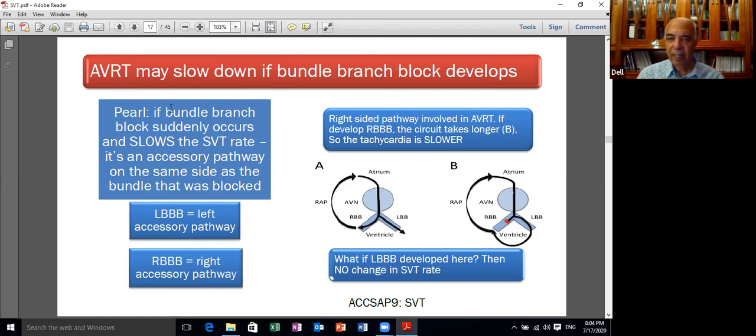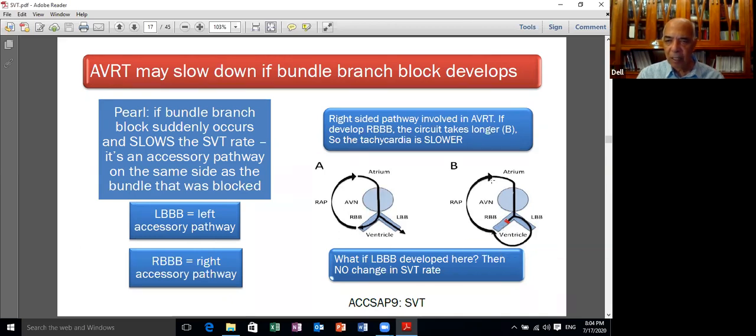Let me explain that. Under normal circumstances, look at the left-sided figure here. The impulse comes from the atrium and activates the right and left bundle branches, and then goes retrogradely through the accessory pathway to activate the atrium again. Now suppose that we have a right bundle branch block here.